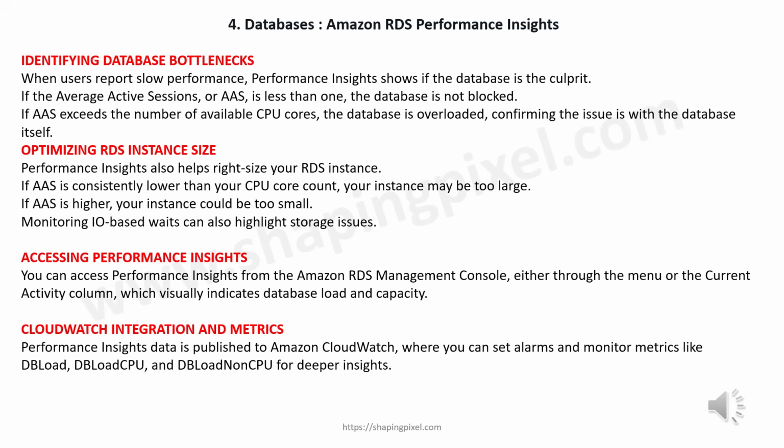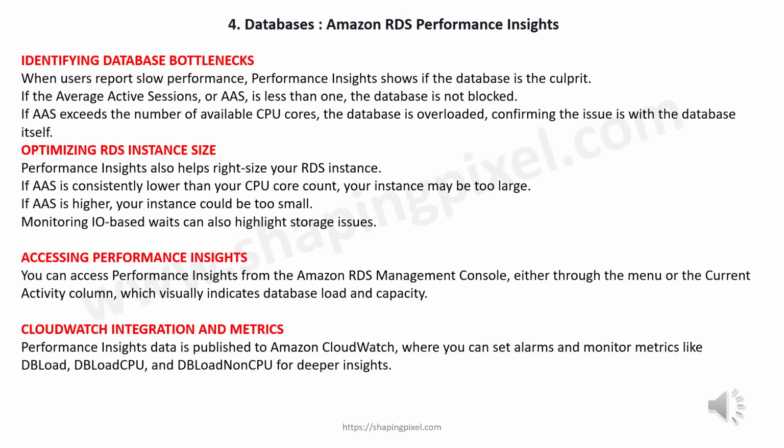If the average active sessions, or AAS, is less than 1, the database is not blocked. If AAS exceeds the number of available CPU cores, the database is overloaded, confirming the issue is with the database itself. Performance Insights also helps right-size your RDS instance.